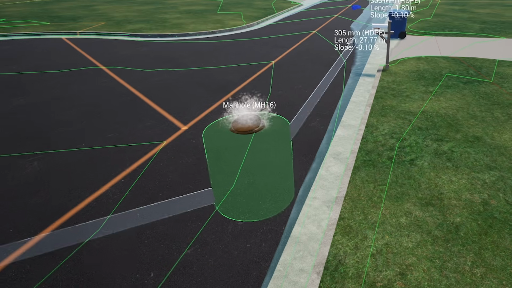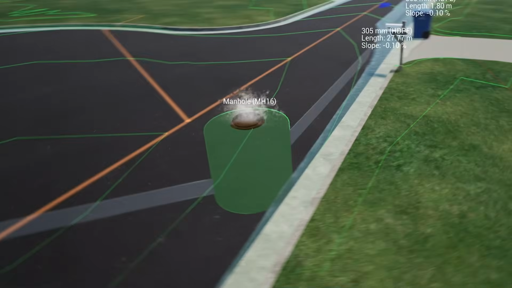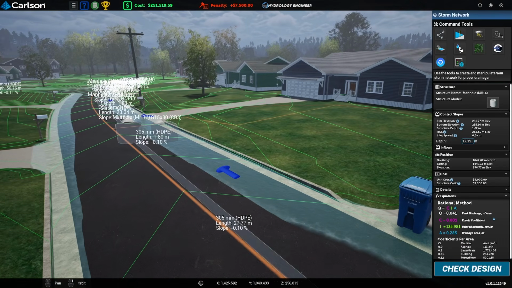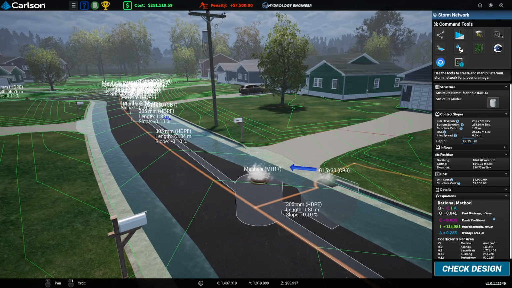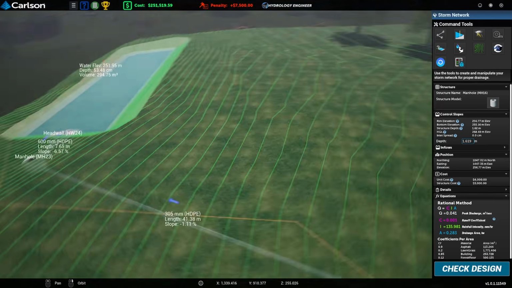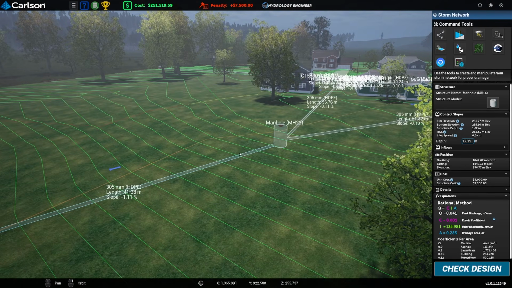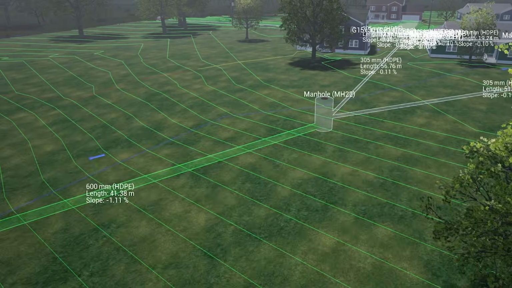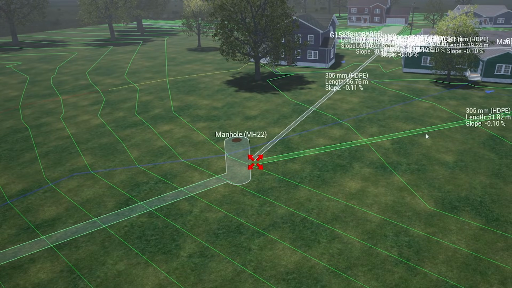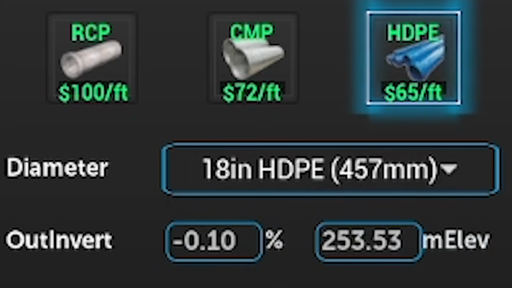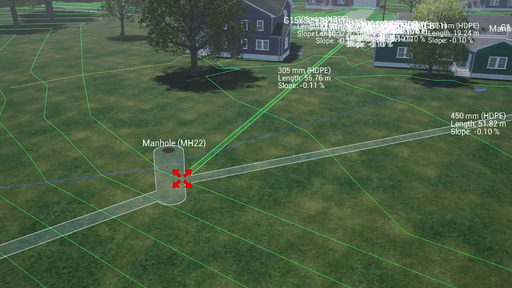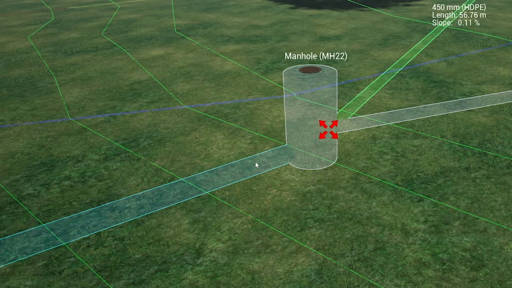But yeah, you can see this one is popping because of the amount of water. Basically, we have too much water going into our pipes, so we need to make our pipes bigger. So generally, you'd start downstream, and if we make a lot of these 600s, or actually maybe from here we'll go 450. So two 450s come together and then they turn into a 600.